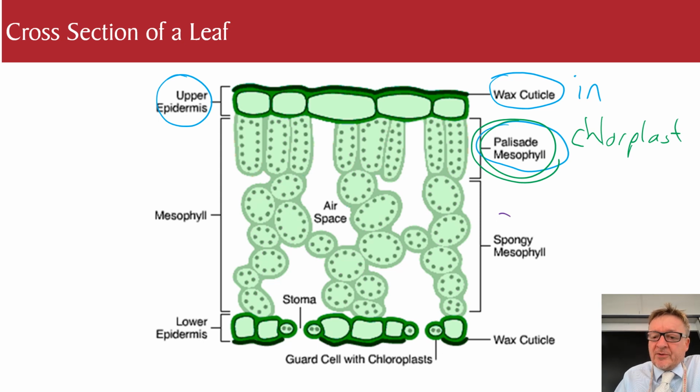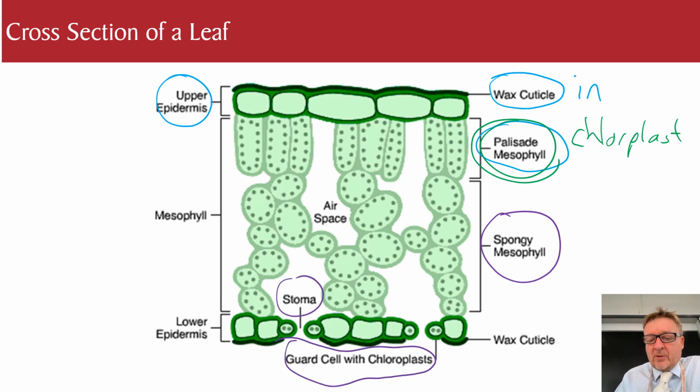We've then got spongy mesophyll, stoma, and guard cells, right? Guard cells open and close the stoma, which is the hole at the bottom. Carbon dioxide comes in through the leaf and then through the spongy mesophyll, which has gaps in it.